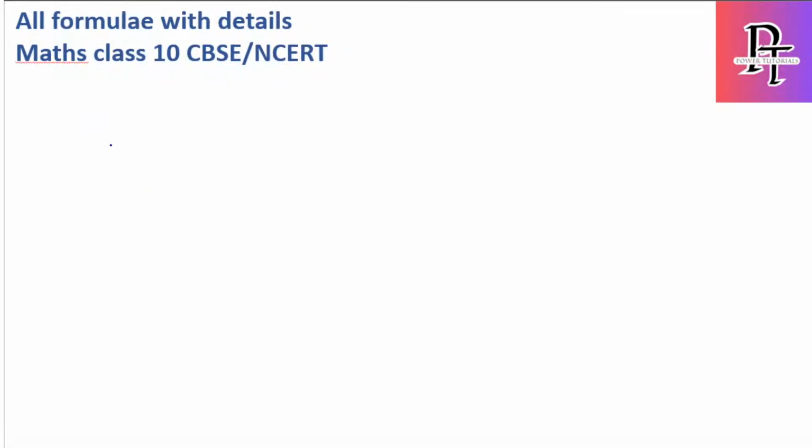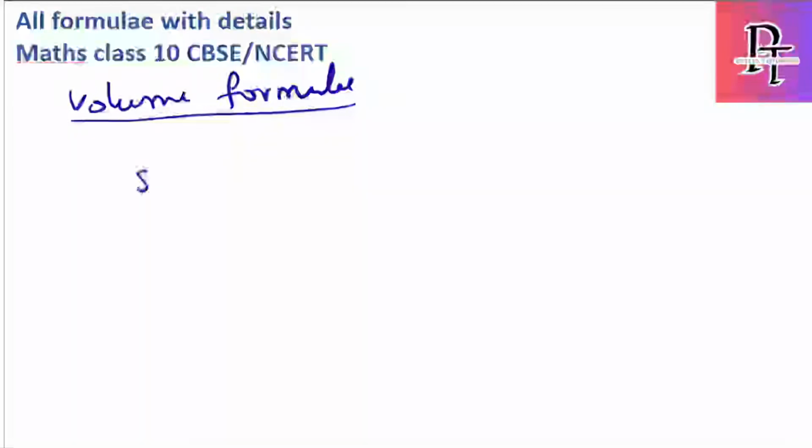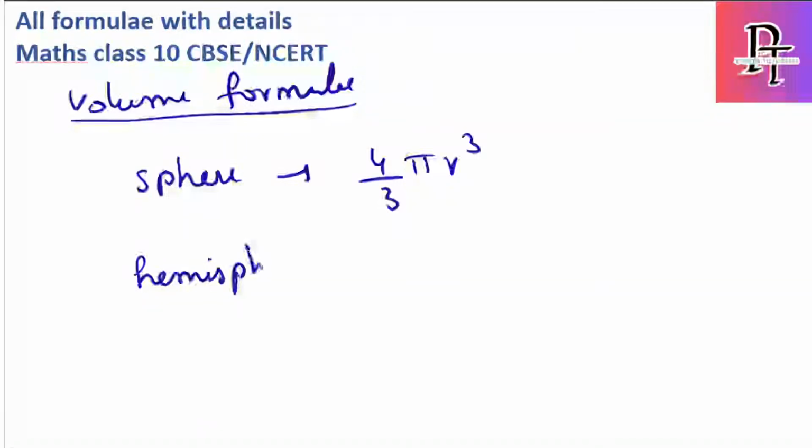Okay. So what are the volume formulas for all these 3D figures? For sphere, the volume formula is 4 by 3 pi r cube. For hemisphere, the volume is 2 by 3 pi r cube.